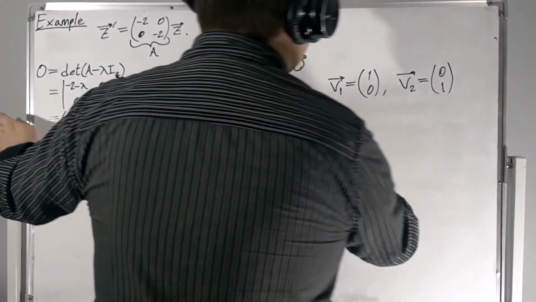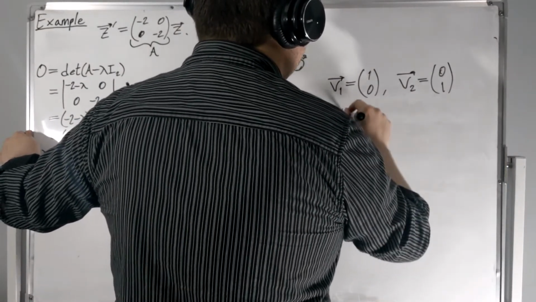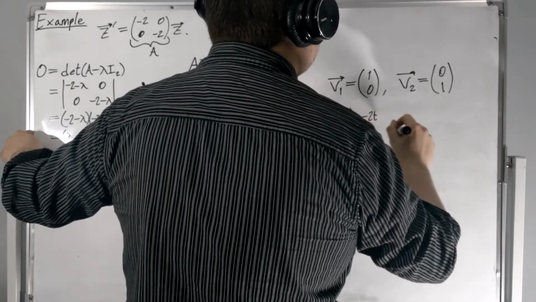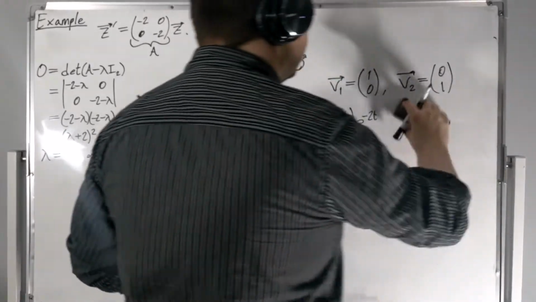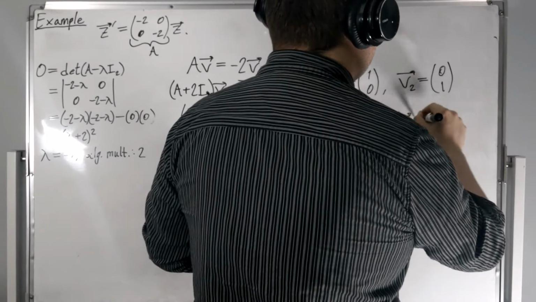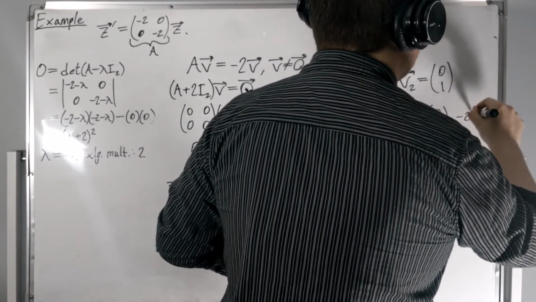So now we can construct basis solutions. z1 equals 1, 0, e to the negative 2t. z2 equals 0, 1, e to the negative 2t.